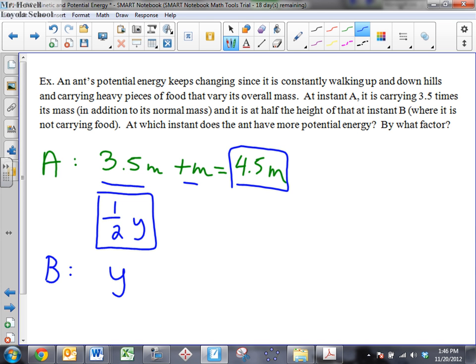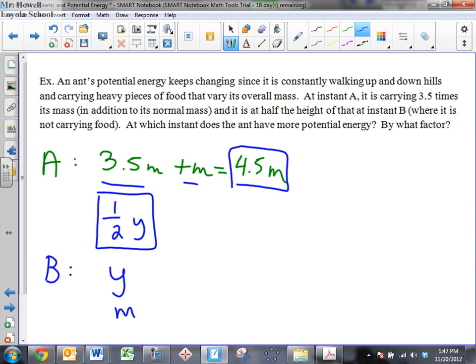M. Just M. Very good, Molly. Again, we have the mass at instant A, where it's got the food of 3.5 times its mass on top of its original mass. It's at half the height, so we call that 1/2 Y. At instant B, it's at the normal height, which we don't know, but quote-unquote normal, and it's not carrying food, so it's got its original mass.